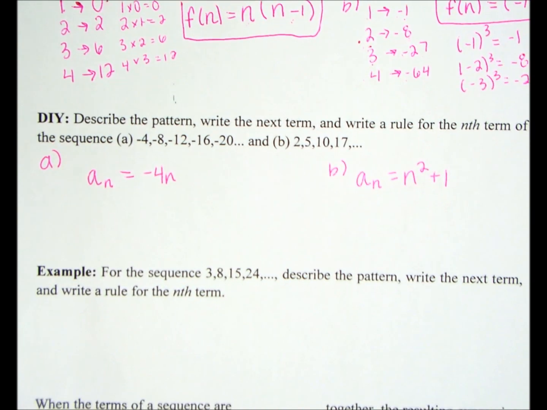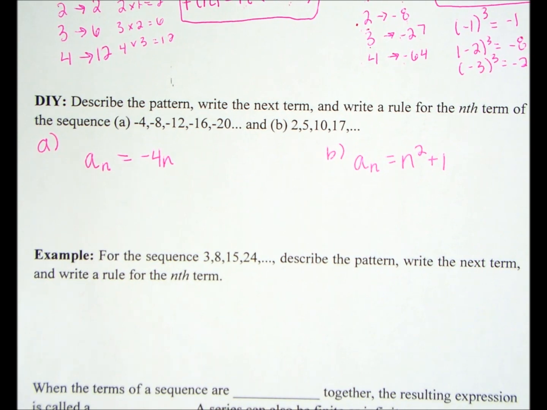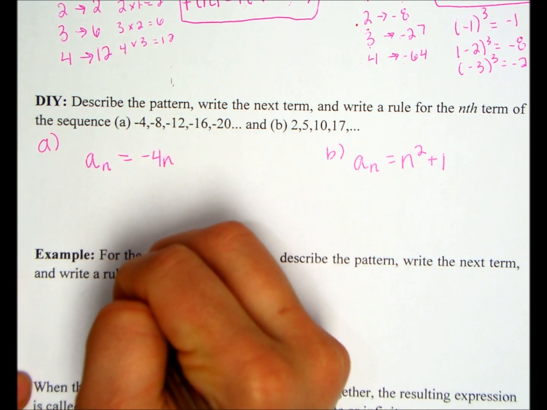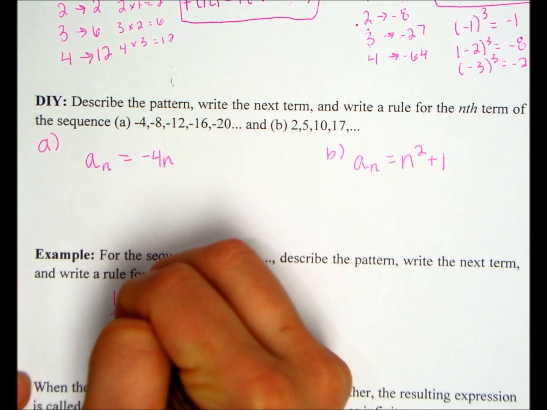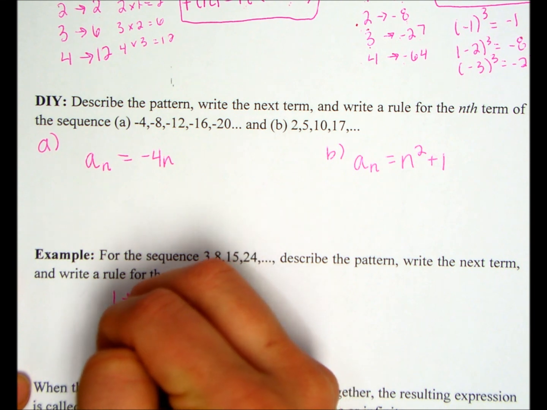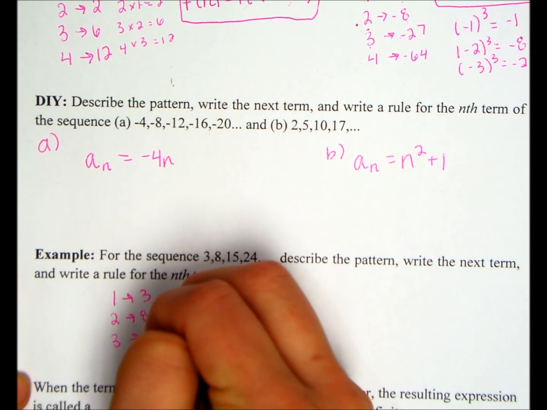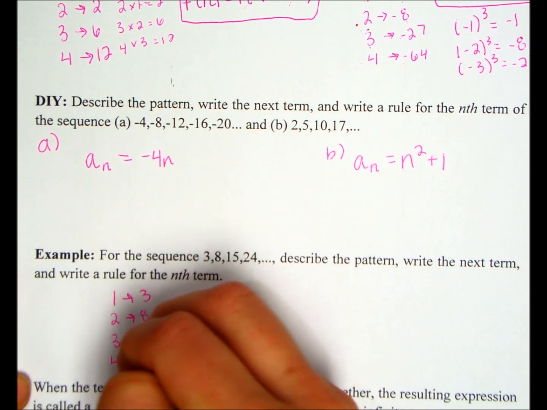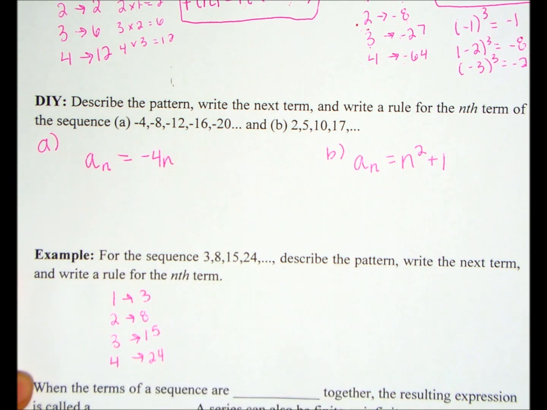And I'll do one more example with you just to make sure that we are on the same page here. For a sequence of 3, 8, 15, 24. So once again, my first term is 3, my second term is 8, my third term is 15, my fourth term is 24.